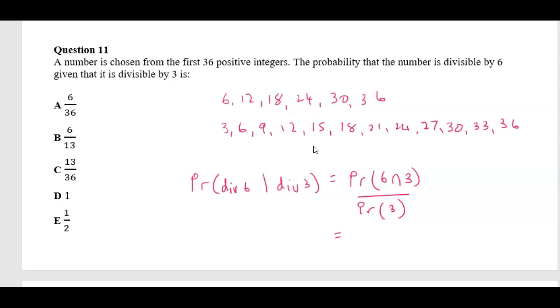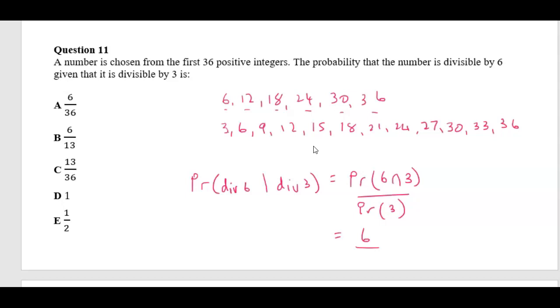All these numbers in the top line are also divisible by 3. So we've got 1, 2, 3, 4, 5, 6. And then the probability that it's divisible by 3, well, I'm just counting.